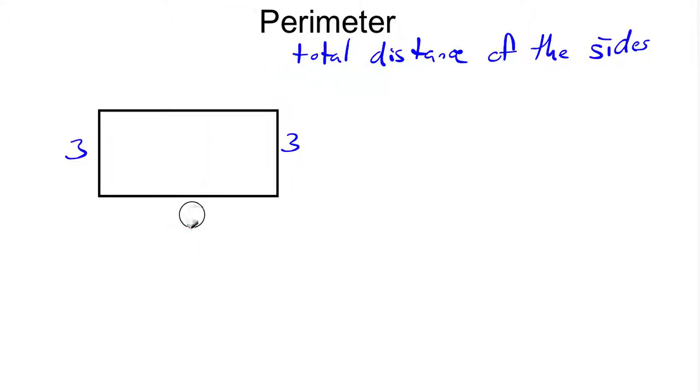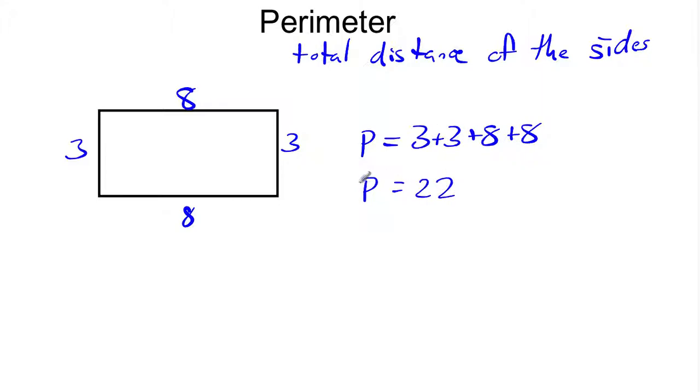Actually, maybe this is going to be something like 8. So the perimeter of this rectangle is going to equal the 2 sides plus the 2 sides, so the 4 sides added together. So this is going to be 6 plus 16, which is going to give me 22.